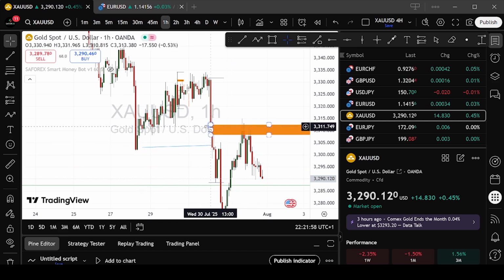Like this one now, there was no other block here, so the next reference point will be the fair value gap. There was a fair value gap here, very close to it. Are you getting me? Then ask if the buyers also identify the higher time frame perspective, like whether the price actually respects higher time frame buyers. You understand what I mean? Maybe it goes in the direction of that higher time frame.